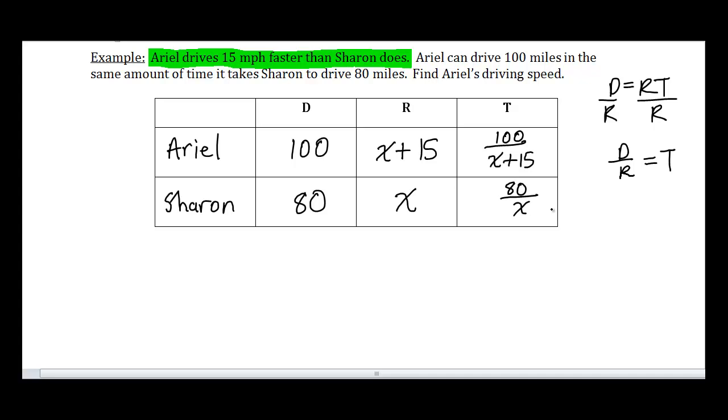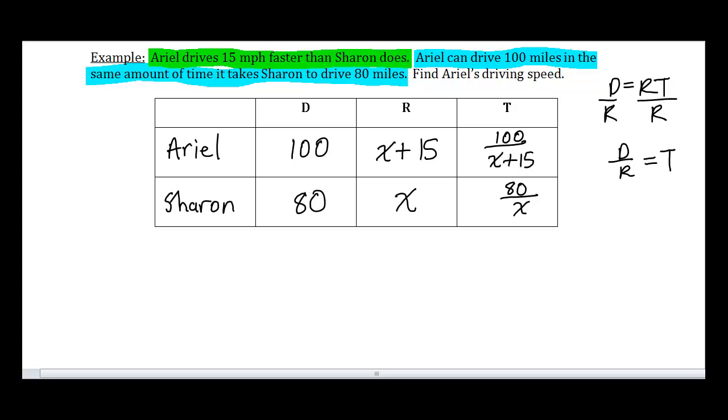All right, now that I have my chart, my goal is to set up my equation. Now this is very important here. You've got to look at the situation, as this is a detailed type of problem. In this sentence here, it says Ariel can drive 100 miles in the same amount of time it takes Sharon to drive 80 miles.